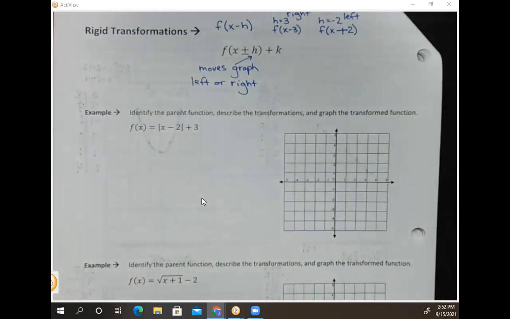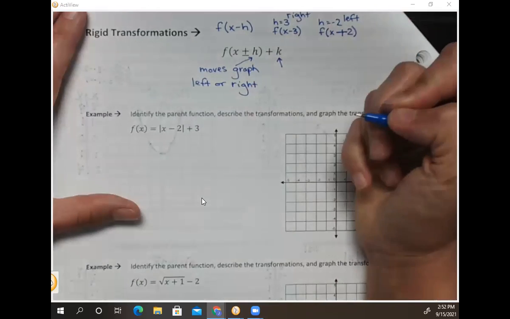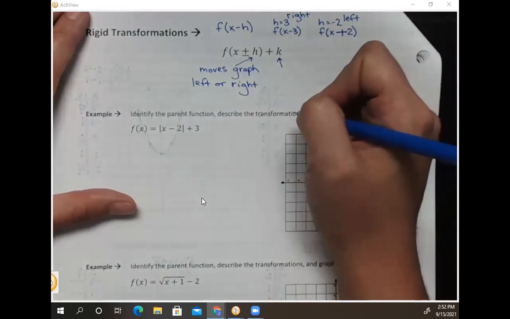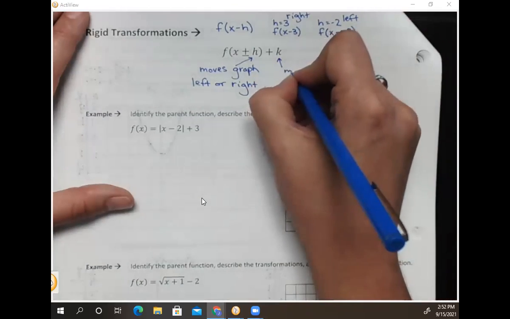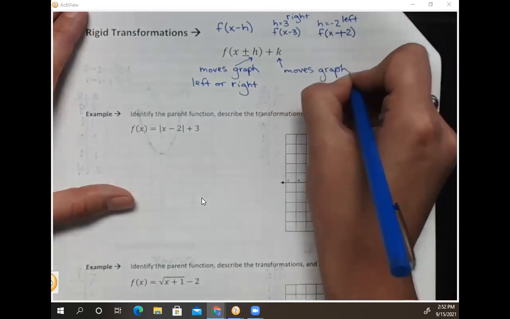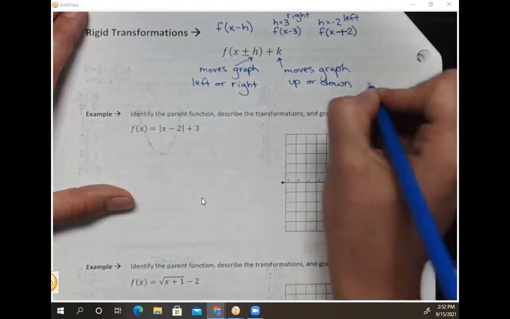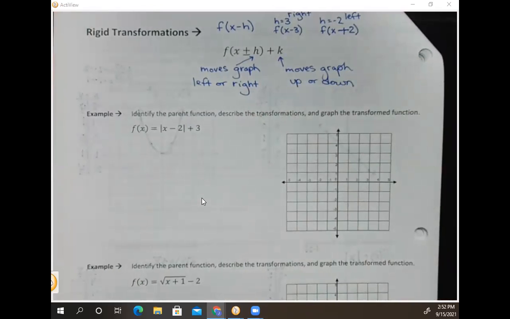If it's grouped in with x somehow, that's going to be a left or right translation. K is the first one that we looked at, and that's what moved us up or down. So K is going to move us up or down. So what we're going to look at today are these left, right, up, down transformations.